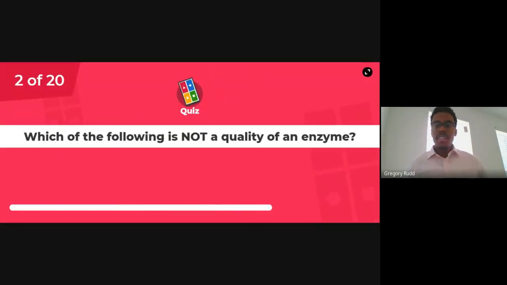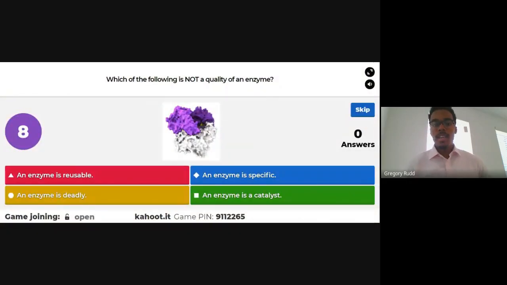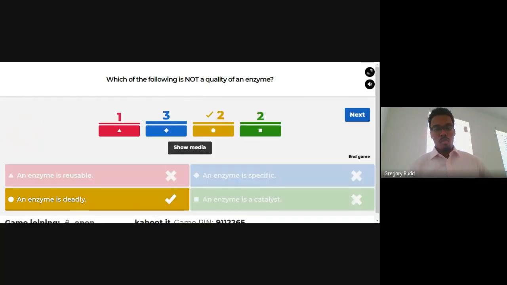Which of the following is not a quality of an enzyme? So we're looking for the one that's not true. So enzymes, of course, are not deadly.